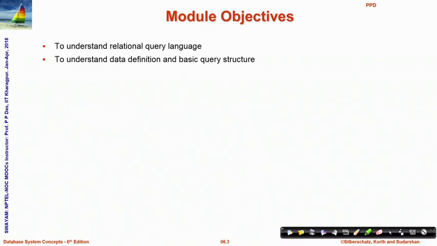The objective of the current module is to understand the relational query language, and particularly the data definition and the basic query structure that will hold for all SQL queries.